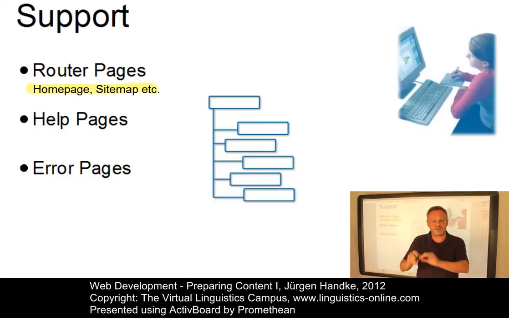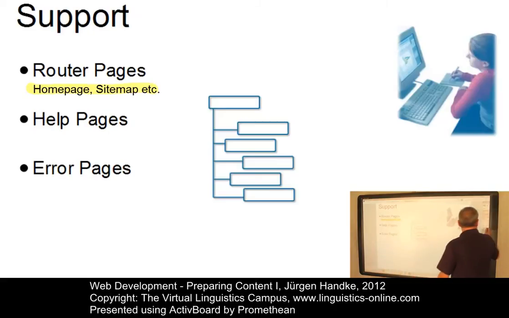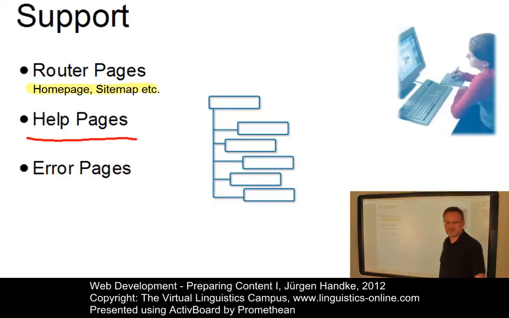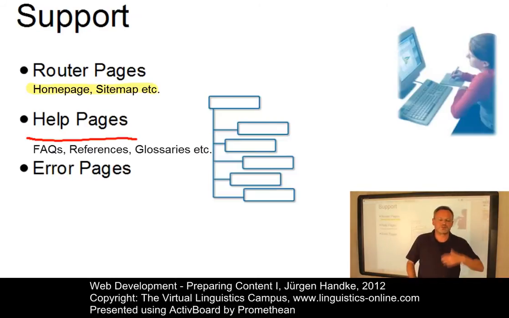All these pages constitute so-called router pages, which should ideally be reachable from anywhere. Then we have so-called help pages. Help pages include pages such as frequently asked questions, references, glossaries, lists of abbreviations, customer support, or contact sites.